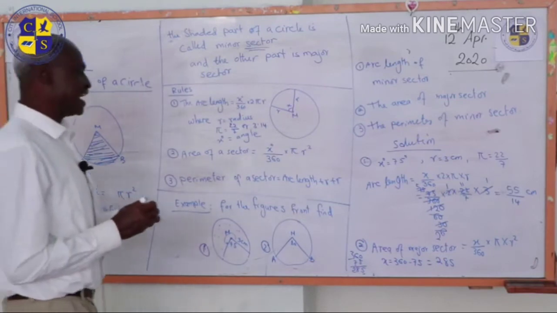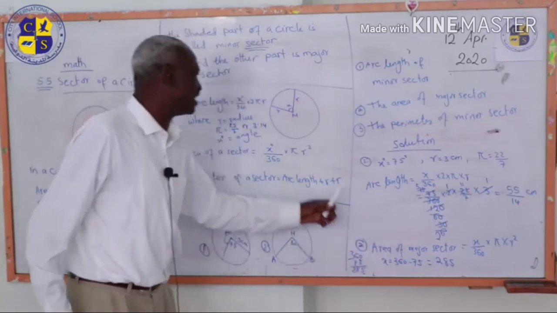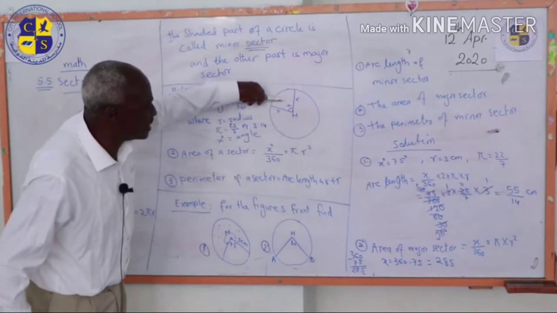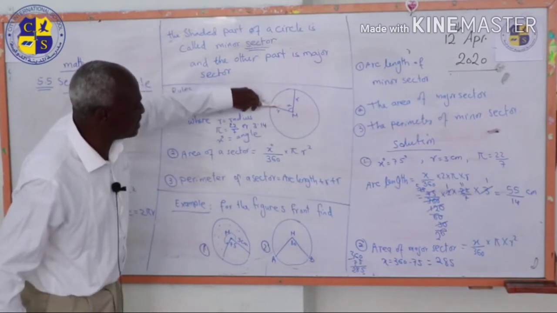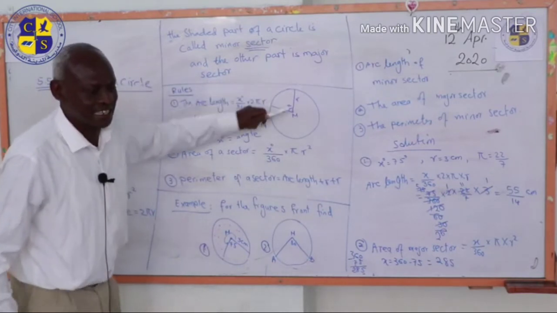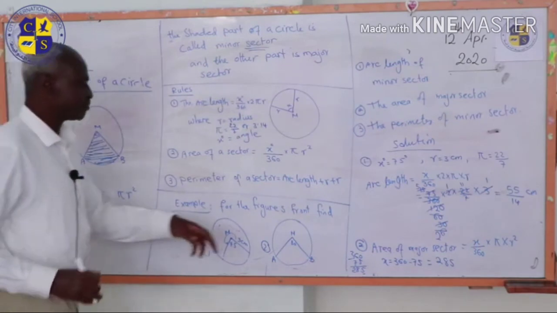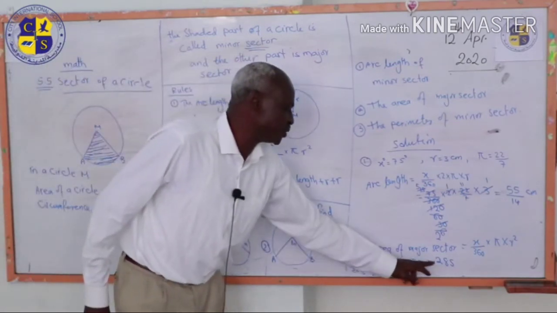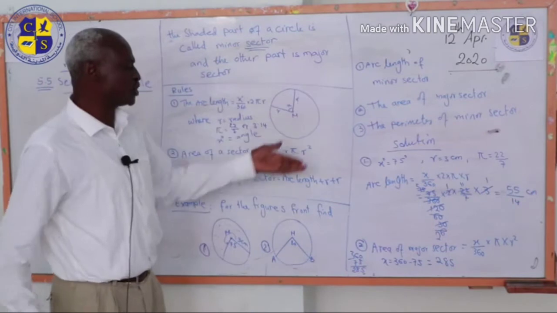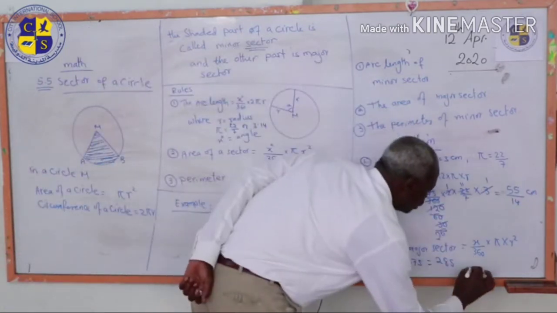So here, this x of major sector is different from x of minor sector. So here x will be 285, and then you can apply the rule.